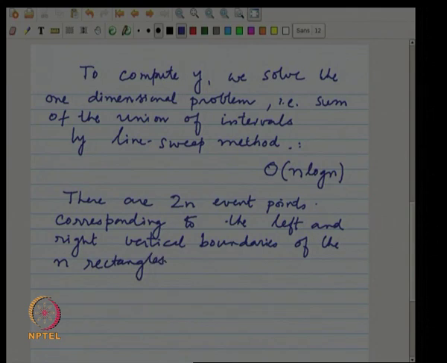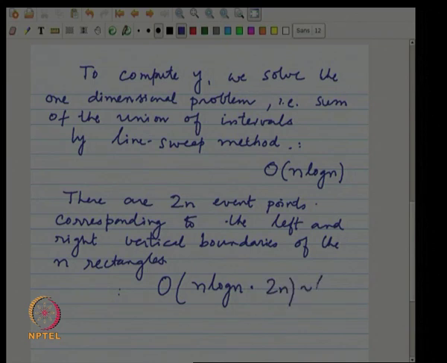So, at every event point, if you do it naively, or in the straightforward way that we just did it, that is n log n. At every event point we may have to update this essentially, right. So, if you just do it naively, then you get order n log n times 2n, that is, someone said n square.